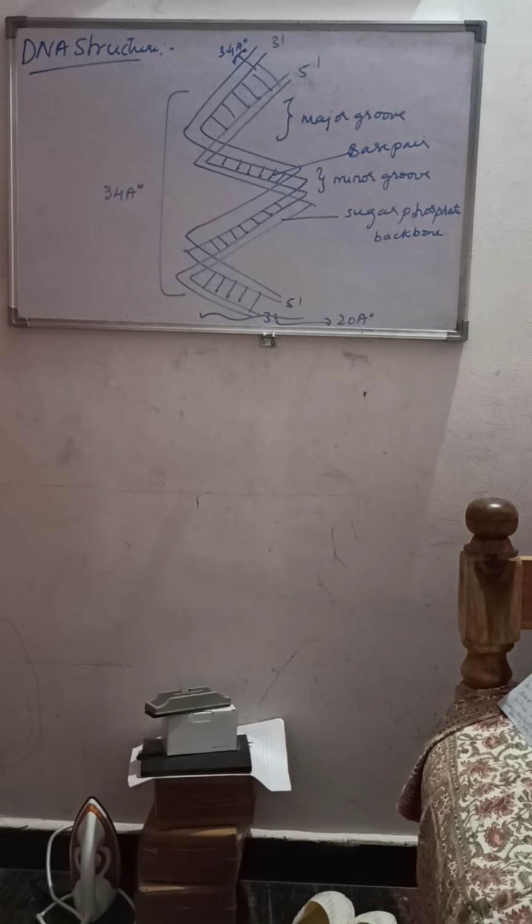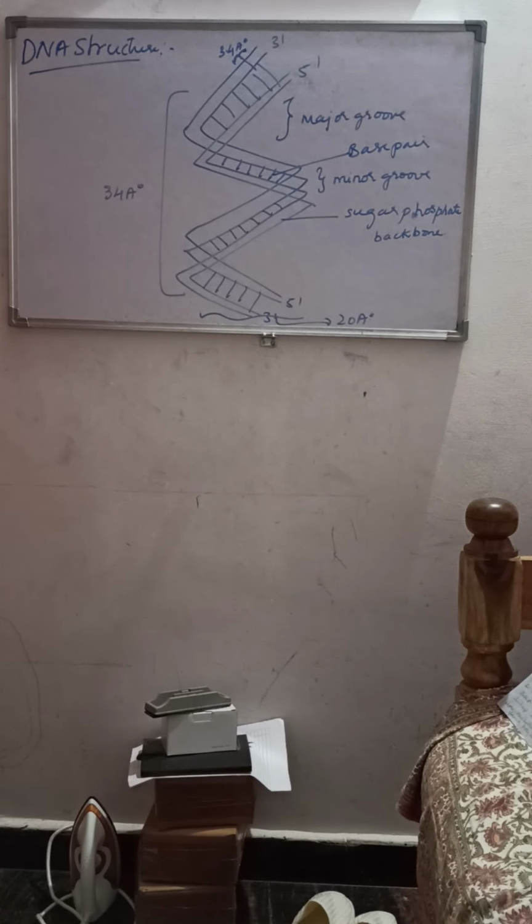Based on the ideas given by Rosalind Franklin and Wilkins, James D. Watson and Frederick H. Crick proposed the double helical model of the DNA. They were the first people to give the double helical structure. Based on those ideas, they proposed the DNA helical model.